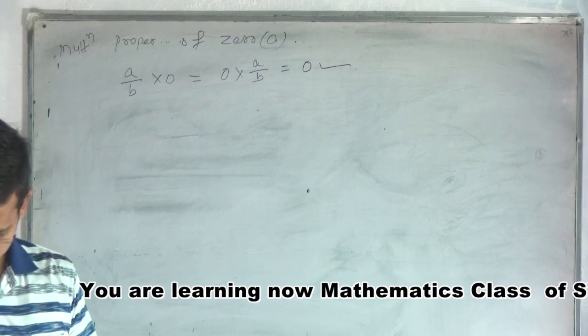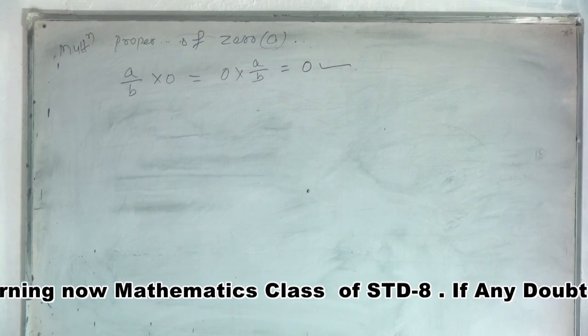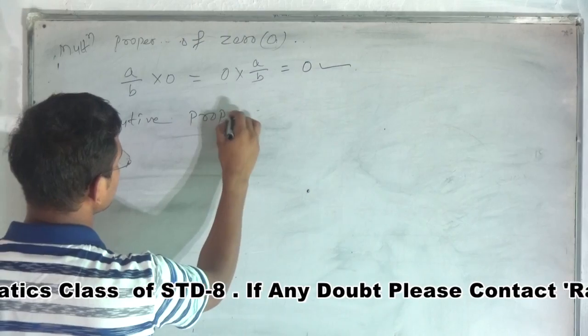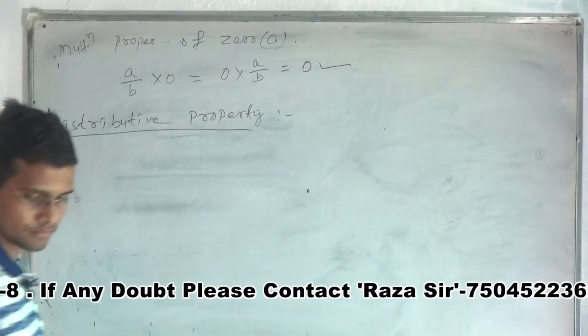Then the last part is the distributive property of rational numbers.